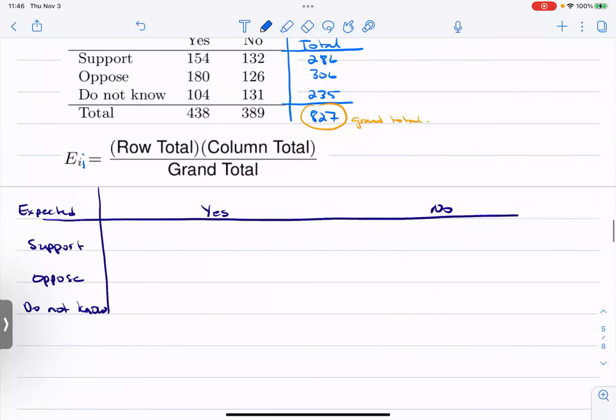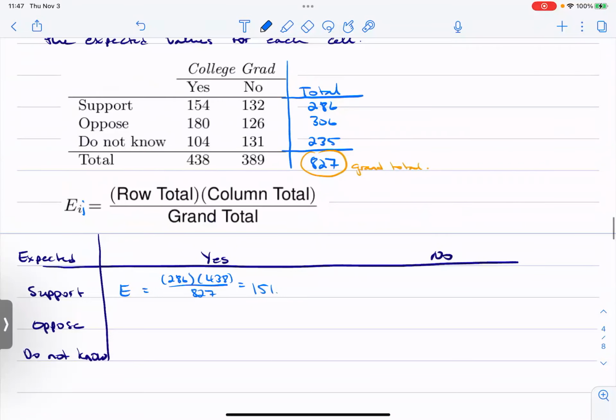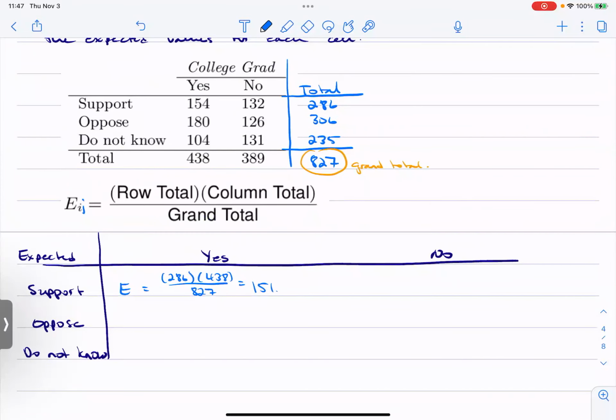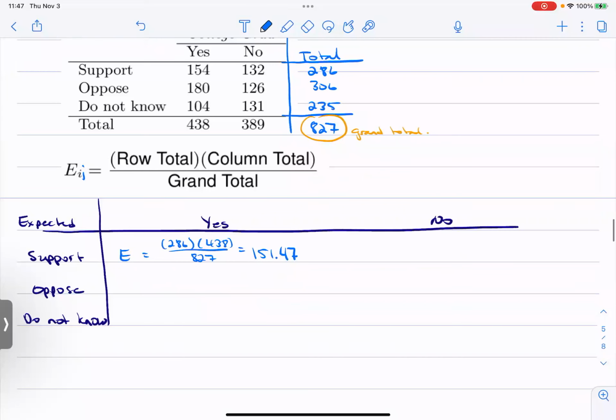So then the expected count here is going to be 286 times 438 divided by 827, which, confession time, I didn't do these tallies, but I trust the guy who did them this morning. So now we all trust him. If they're wrong, I don't think they are though.